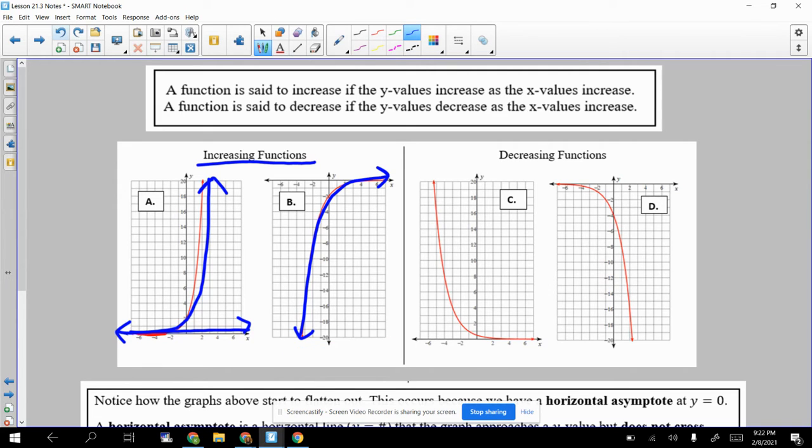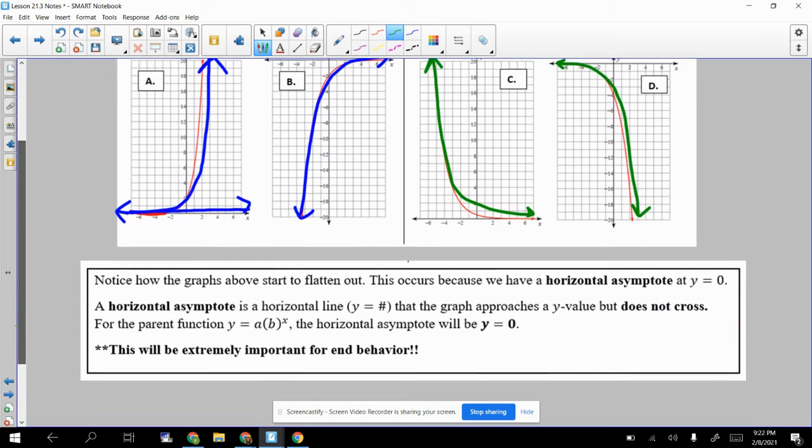Then over here, as we move from left to right, it's going down. So this is an example of a decreasing function. Same thing here, left to right, we're going down. So that's what we're looking at.